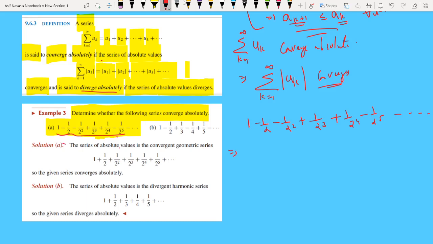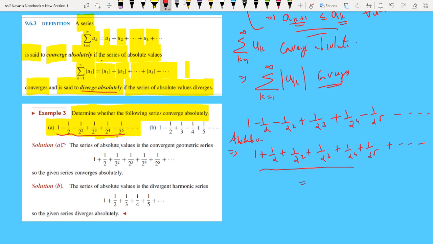There are no negative terms: 1 by 2 plus 1 by 2 square plus 1 by 2 cube plus 1 by 2 raised to 4 plus 1 by 2 raised to 5 etc. Is this series convergent? It converges, right?